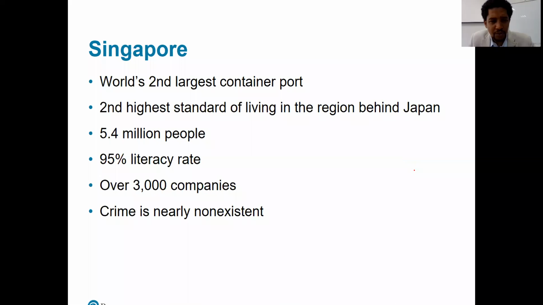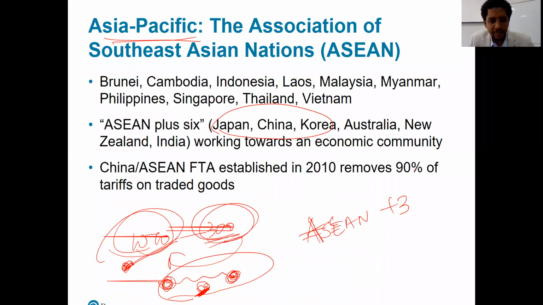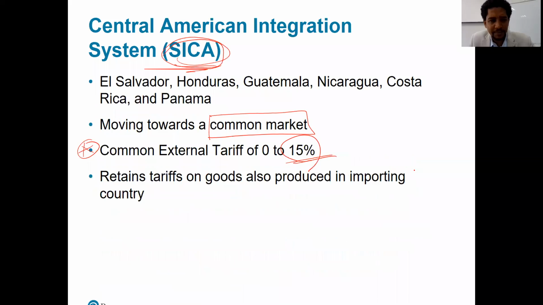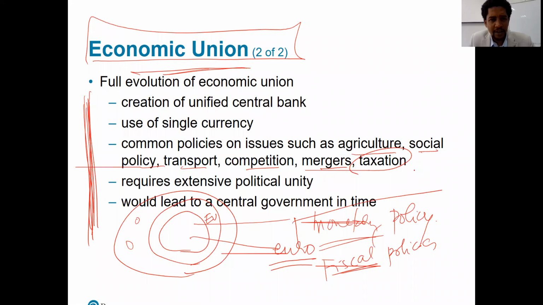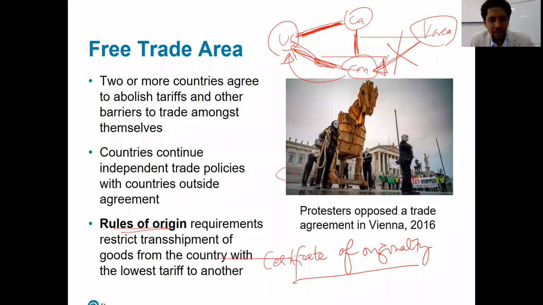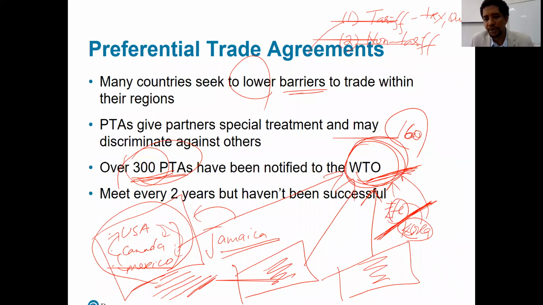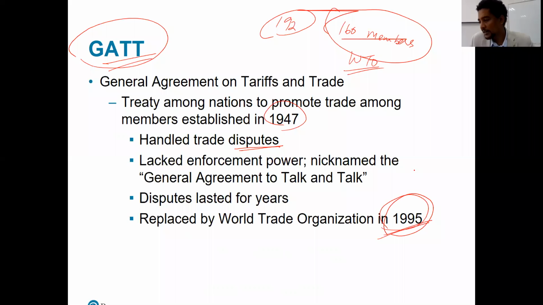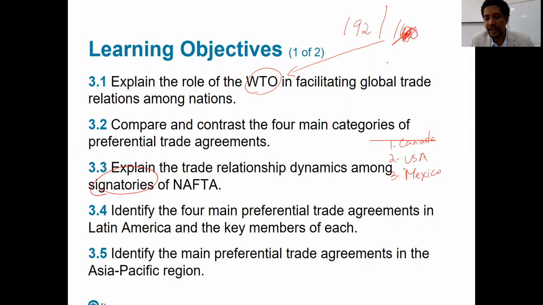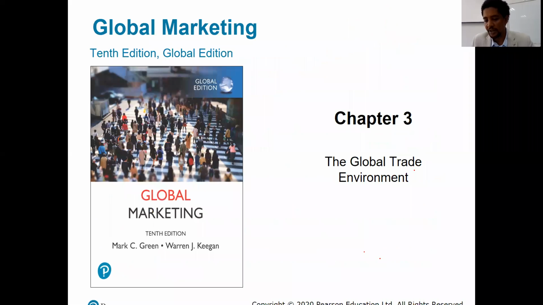I would like to go back and show some of the focus areas here. Okay, so I want you to differentiate between bilateral trade agreements, free trade agreements, and regional trade agreements.